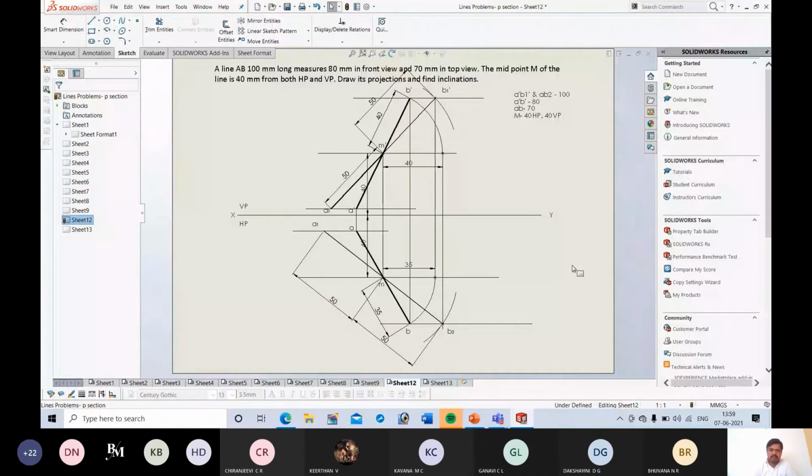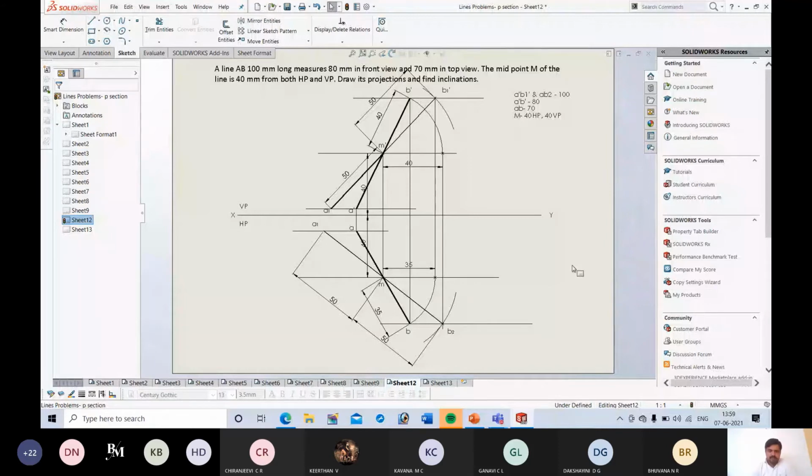It may be A to M or M to B. First we draw the half portion: front view, top view, true length lines. Then after finishing its construction, we get the remaining half by extending these true length lines and views to the given dimension. If you have any doubts regarding this, you can ask. I will solve one more problem related to this midpoint.